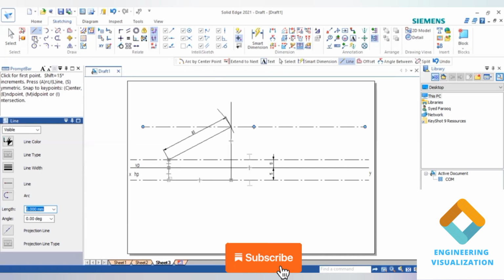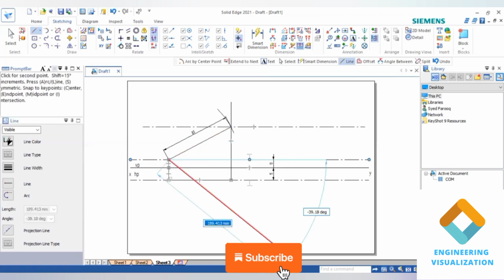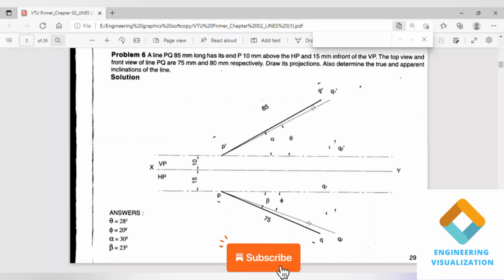Same way the apparent length in front view dimensions we have to use. So the length given it is 80 mm, 80.